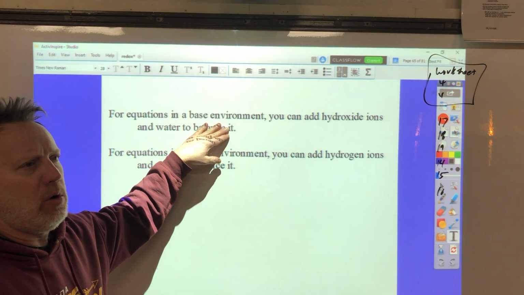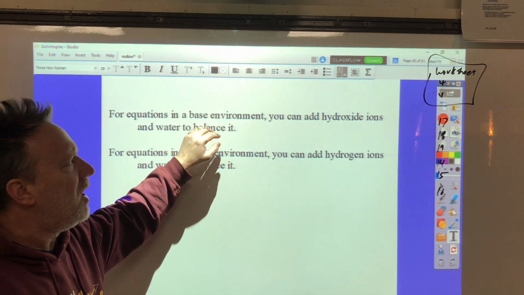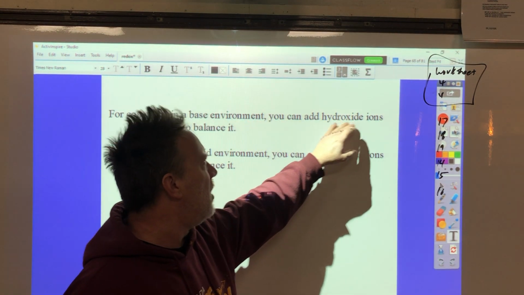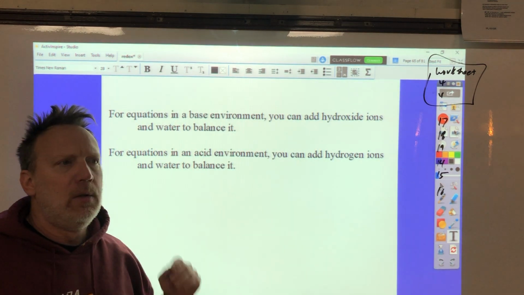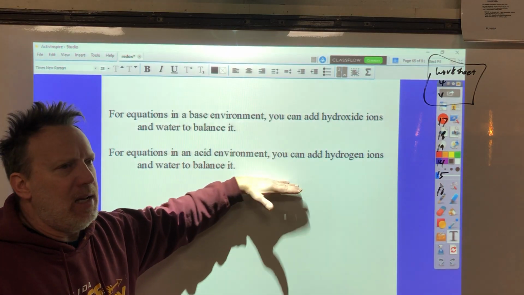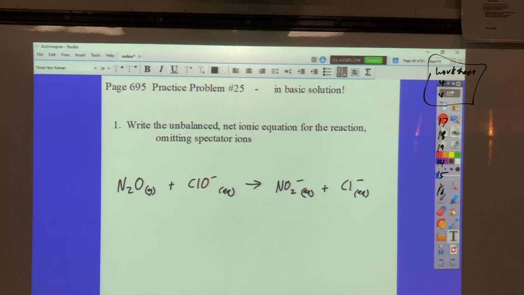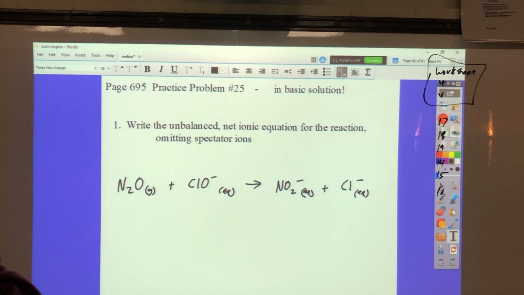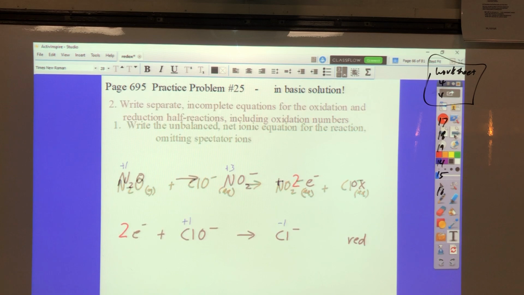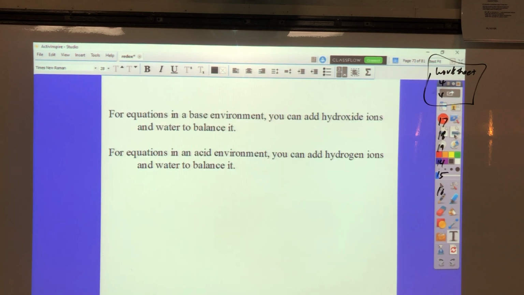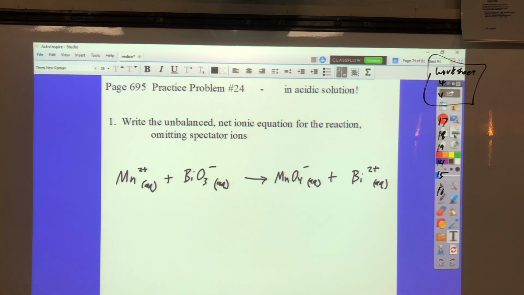So I went out of order on number 24 and 25 so we could do the one with hydroxide ions and water and then go back and end on ones with acids. That's my thought process. I don't know, maybe it doesn't work for you. So we did number 25 in basic solution so that I could end with one that was in acidic solution.